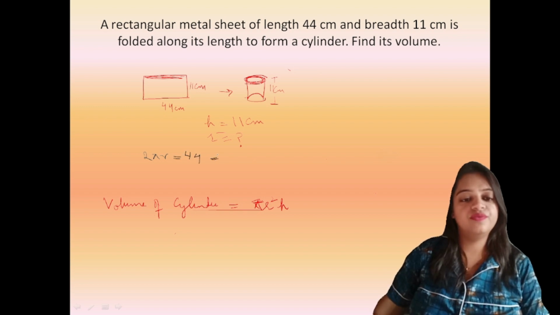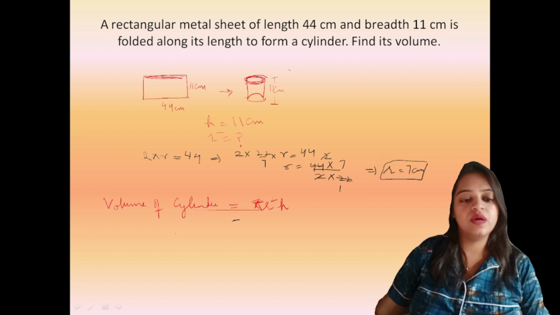Let's solve it now for r. This is 2 into 22 by 7 into r equals to 44. So radius is 44 multiplied by 7 divided by 2 into 22. 22 के टेबल में 2 पे 44, this 2 cancels. It means value of r is 7 centimeter. Radius आ गई 7 centimeter.